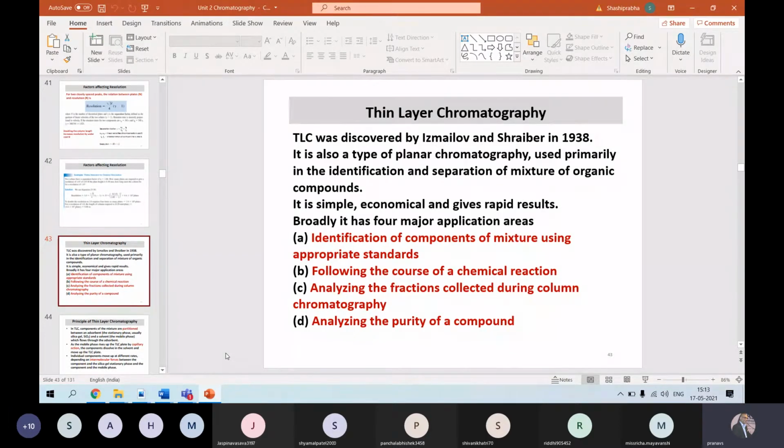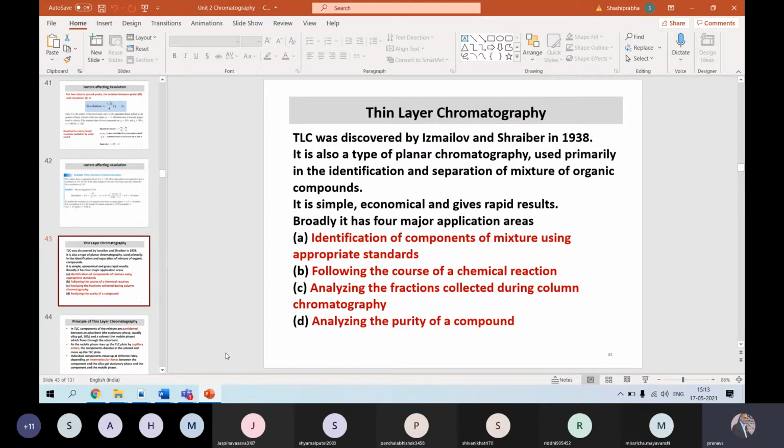So one thing is clear, that thin layer is used for qualitative analysis. Of course, its higher version, which is known as high performance thin layer chromatography, is being used for quantitative purpose. So this is exclusively used for qualitative analysis.